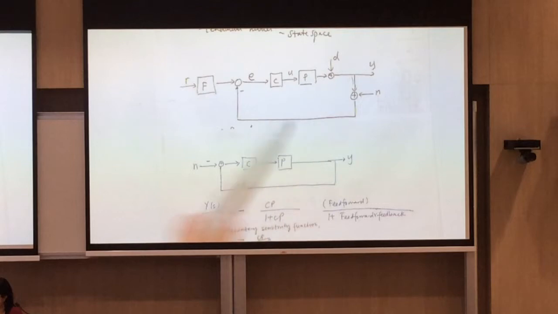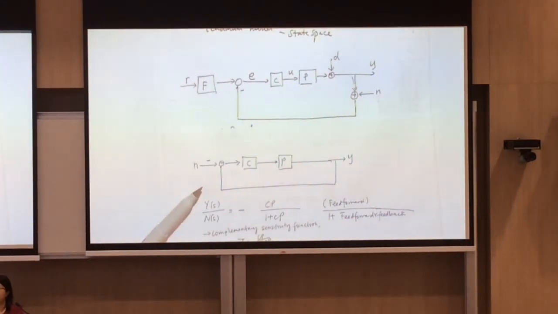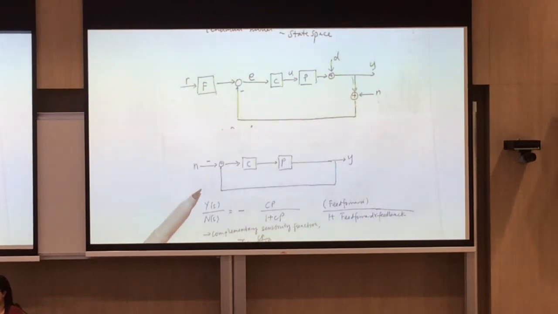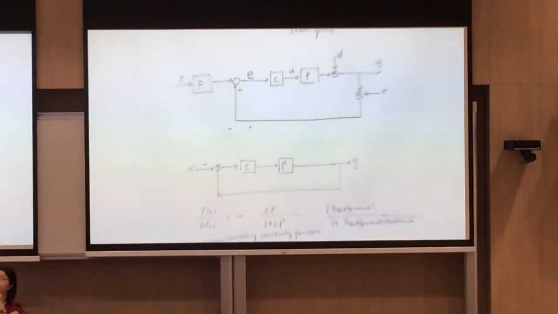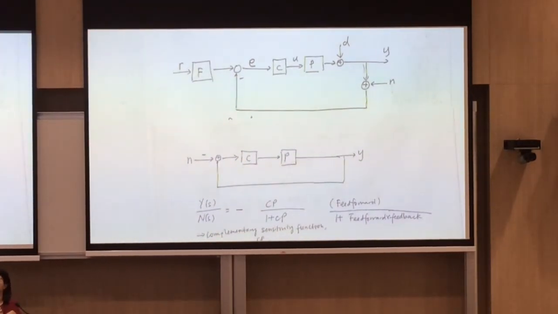And it goes through CP before it gets to Y, right? All you need to do is to redraw the block diagram without an R, without a D. Okay, and you can work out simply that it's just minus CP over 1 plus CP. Why? Because feed forward over 1 plus feed forward and feedback. Yeah? Okay, so Y over N is negative of CP over 1 plus CP.